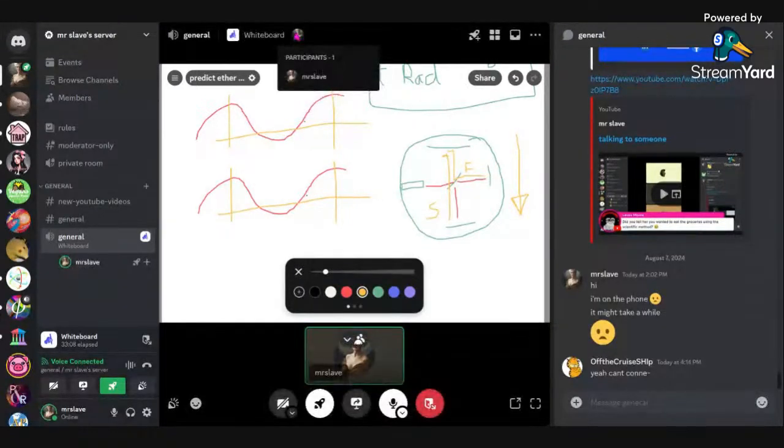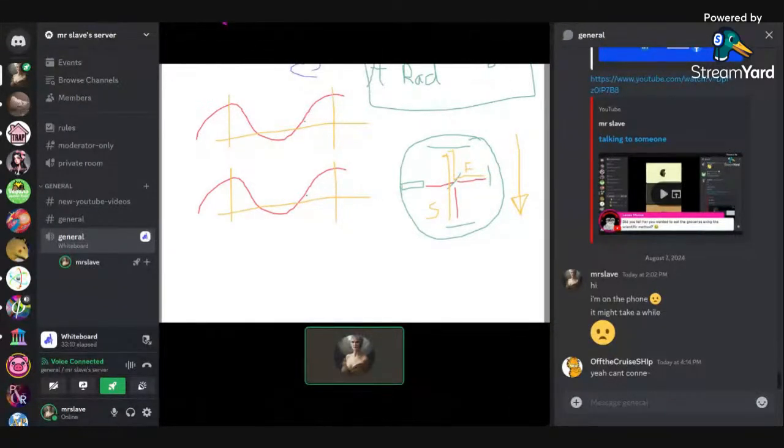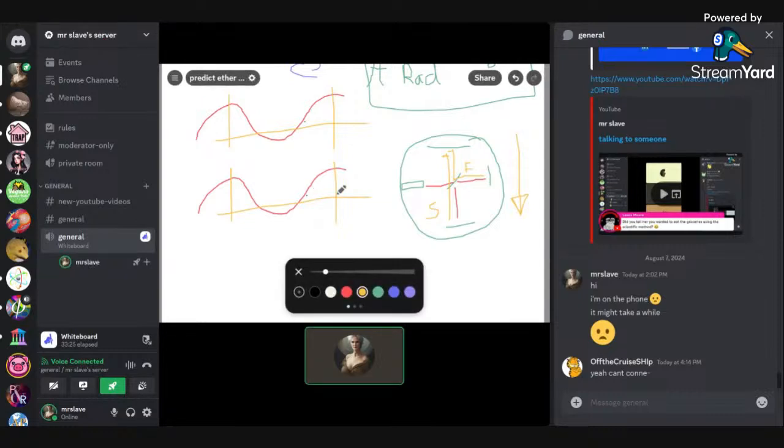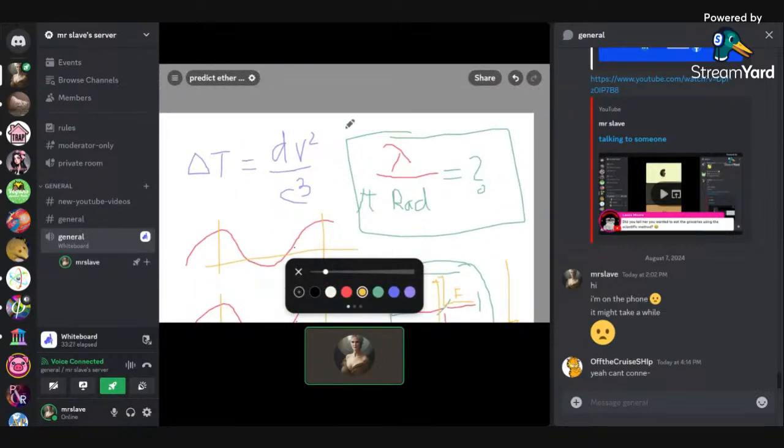So we have the delta T equation. We copy the delta T. We know the delta T. We can convert delta T. We know the speed of light.